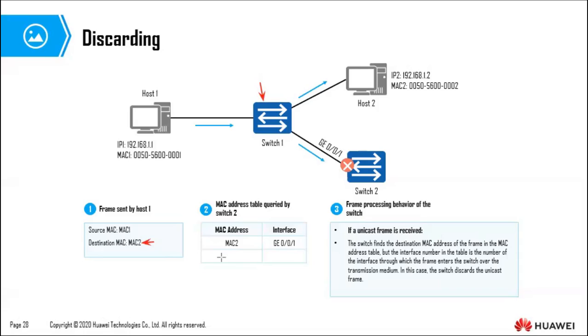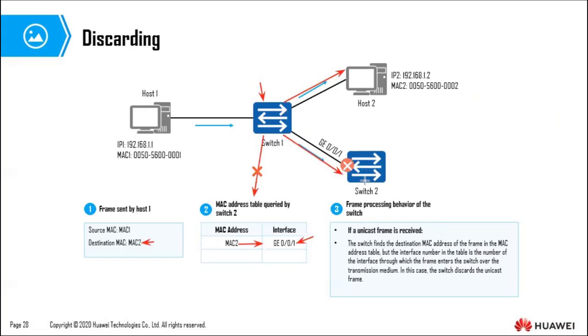So if the destination MAC address does not exist in this table, then switch 1 will flood it. I don't know why they put it here, because I thought it was not supposed to be found. But anyway, just understand that in this case, we have looked here, and we have not found the MAC address of host 2. So what do we do? We flood it.